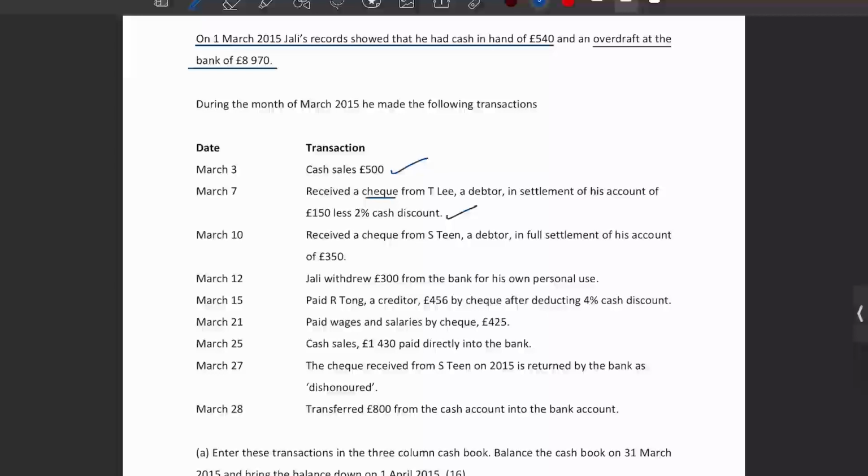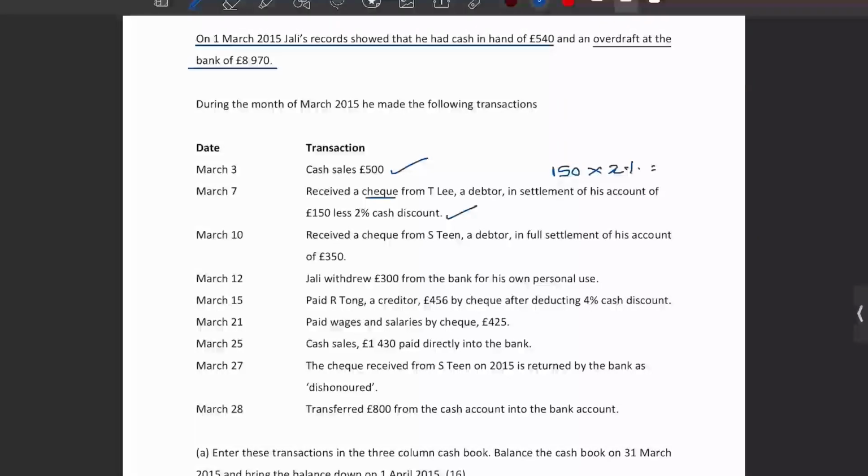From whom are you receiving a check? TD, a debtor. In settlement of his account of 150, but there is a 2% cash discount. Do me a favor. How much is 150 into 2% discount? Multiply and see how much? 150 into 2% discount. 3.